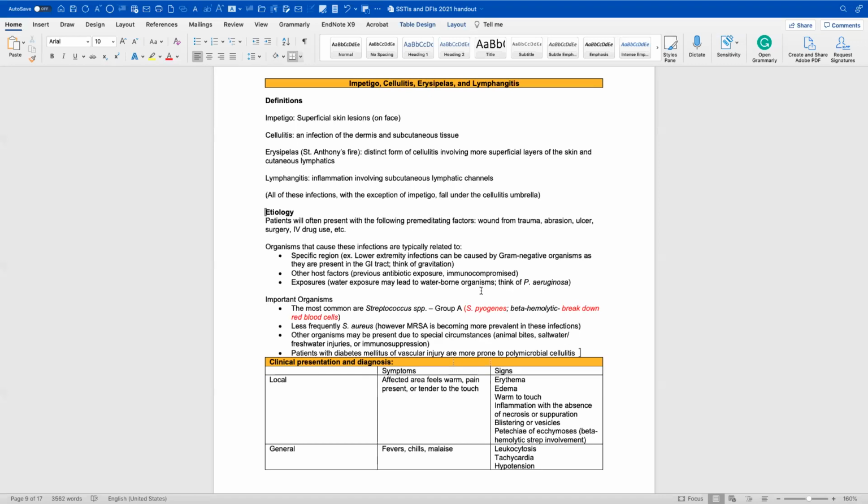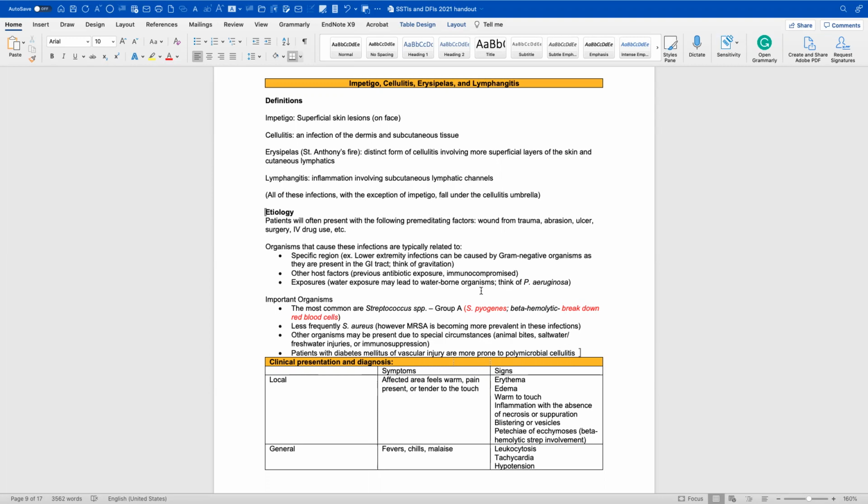We then have additional infections. We have impetigo, cellulitis, erysipelas, and lymphangitis. So impetigo is our superficial skin lesions that typically present on the face. We have cellulitis, which is an infection of the dermis and then subcutaneous tissue. You can have erysipelas or St. Anthony's fire, which is a distinct form of cellulitis involving more superficial layers of the skin and the cutaneous lymphatics.